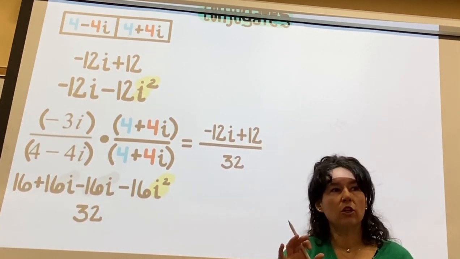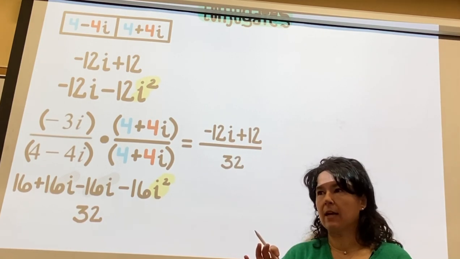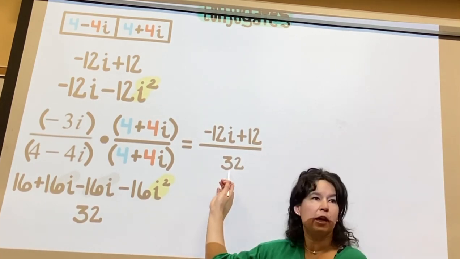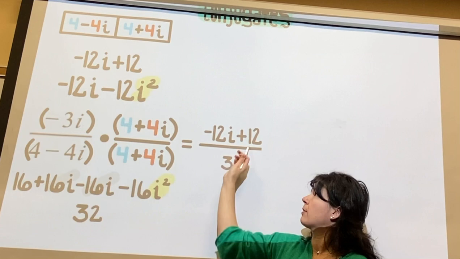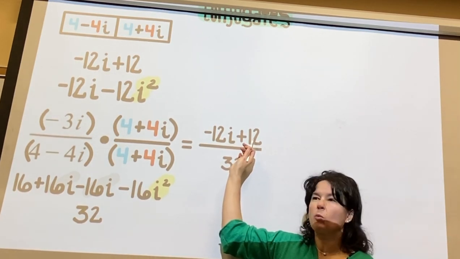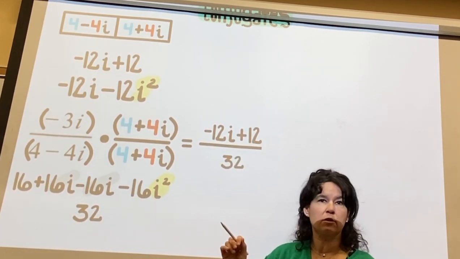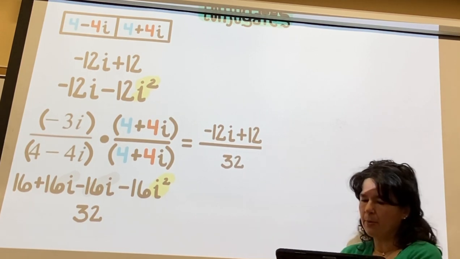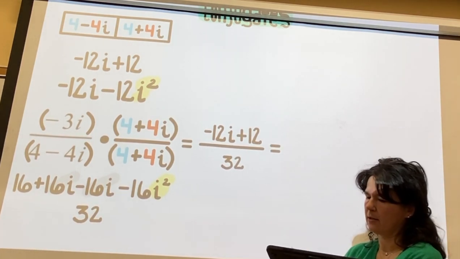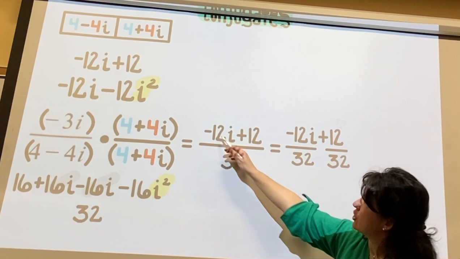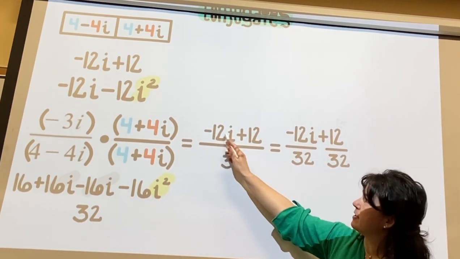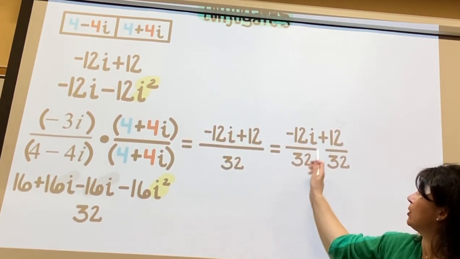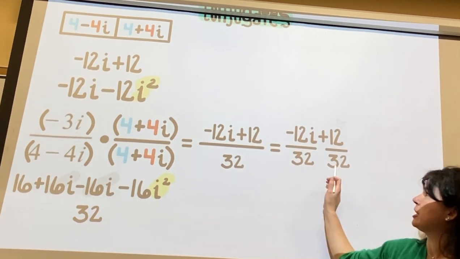We need this to look like a plus bi. This denominator 32 belongs with each one of these. Like we're undoing adding fractions. So if I put the 32 with each one of these, I have negative 12i over 32 plus 12 over 32.